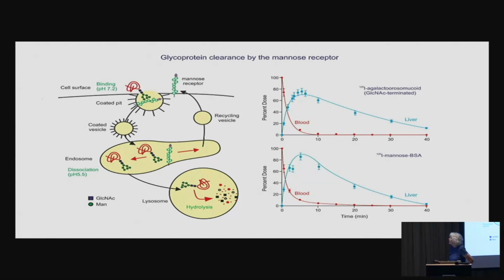You can see here, if you inject into an animal, a rat in this case, a glycoprotein which is terminated in N-acetyl glucosamine or mannose, it disappears very rapidly from the blood and goes into the liver. It goes through the typical endocytic pathway, binding ligands at the cell surface, going into the endosome where the ligand is released, and then it's targeted for hydrolysis, and the receptor goes back to the cell surface.